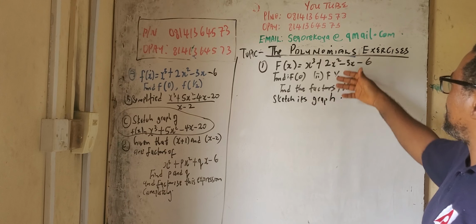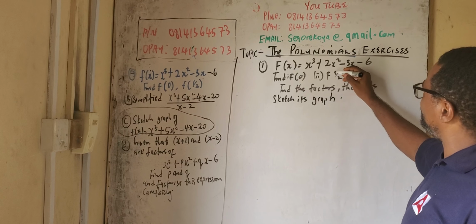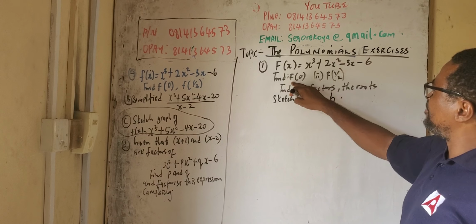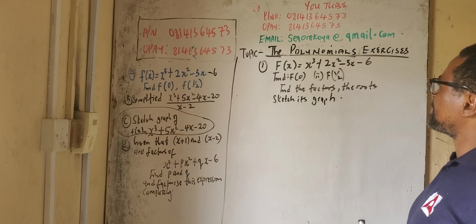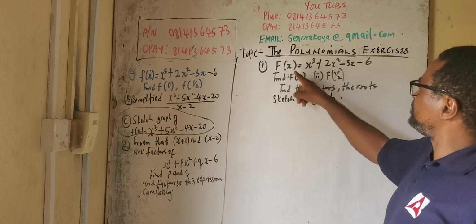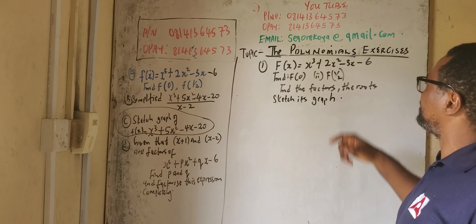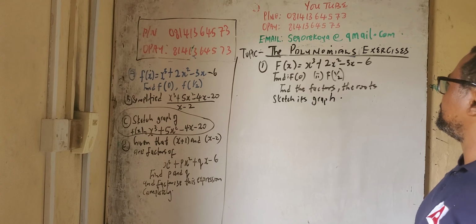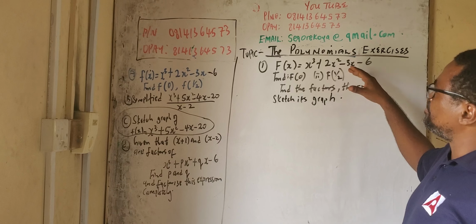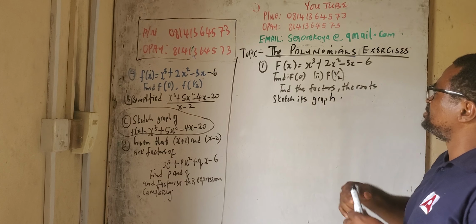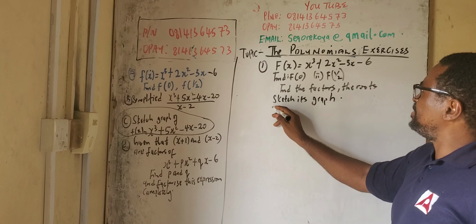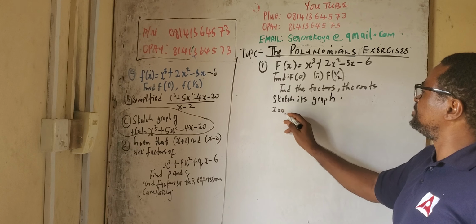So now we are given this expression. We are asked to find f of 0 and f of half. F of 0 simply means when your x is 0. F of half simply means when your x is half. In order not to take much of our time, let me solve the two. So let's start with when x is equal to 0.